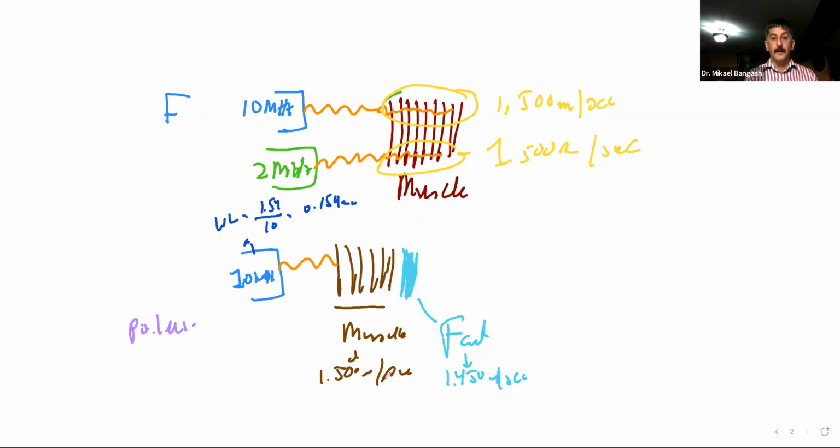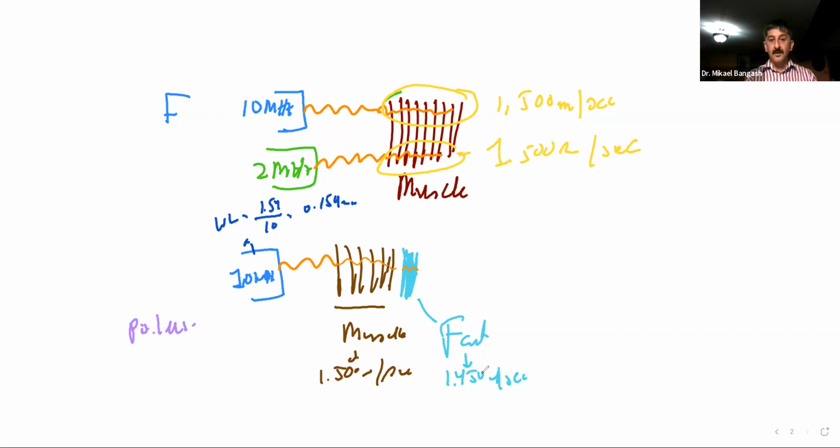Clear? Now that sound leaves the muscle and now travels through fat. In fat, it's going to travel at a different speed, which is going to be 1,450 meters per second.